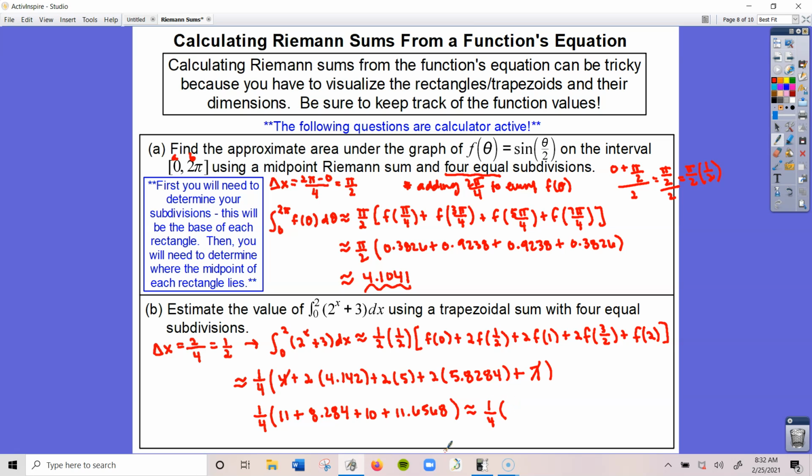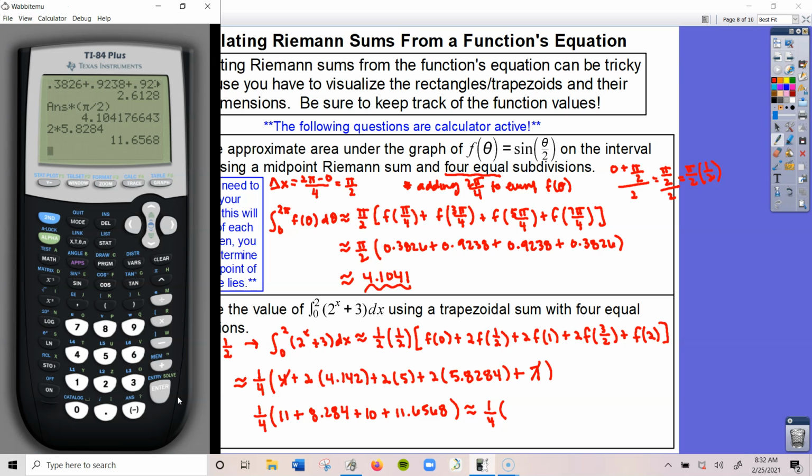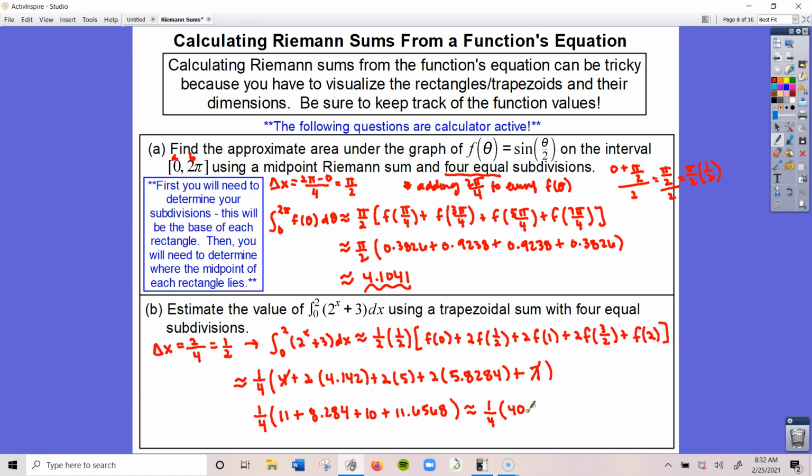Let's add all of that up. So we have 11 plus 8.284 plus 10 plus 11.6568, which gives me 40.9408.